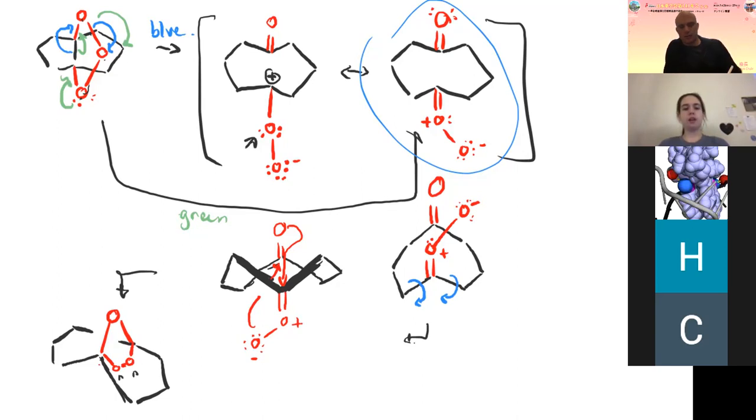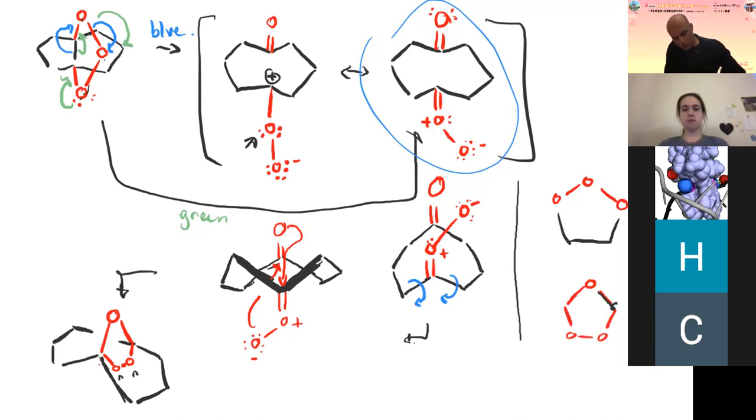Let me draw a simple one in 2 dimensions, because maybe that'll help to see the direct comparison. The top one, forgetting about the other rings, is kind of like that, and the bottom one is going to be C, O, O, and there's a carbon here.